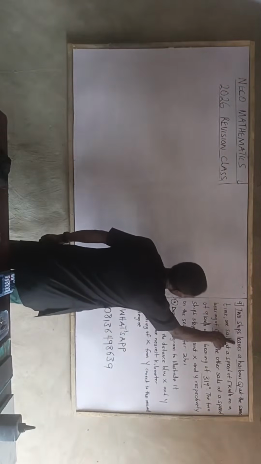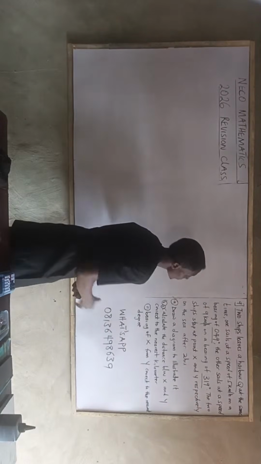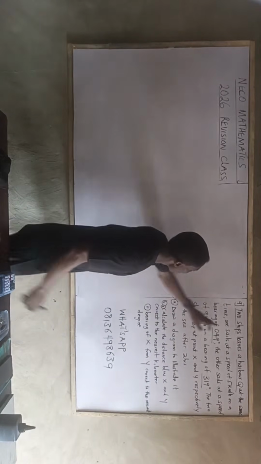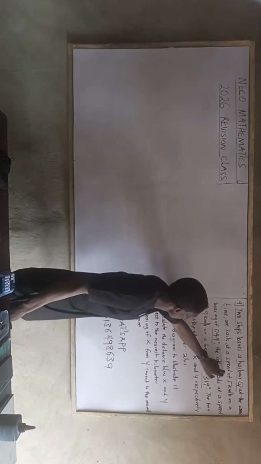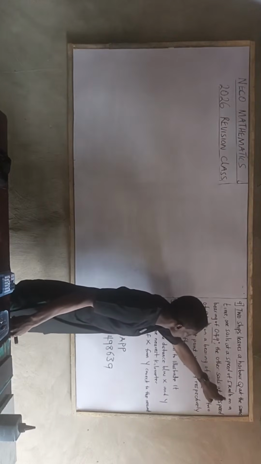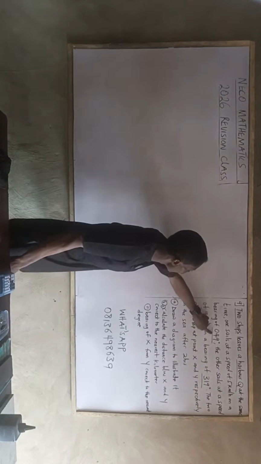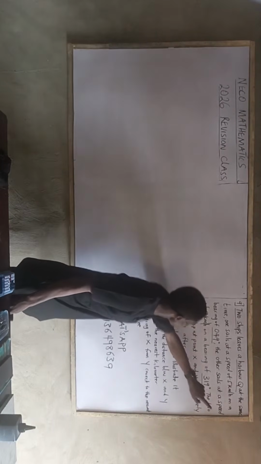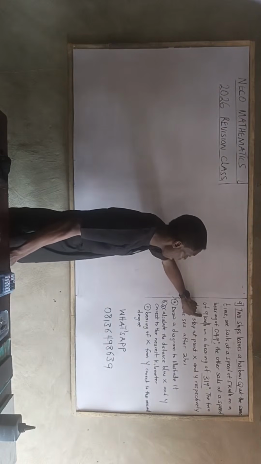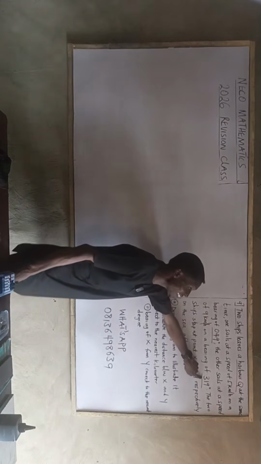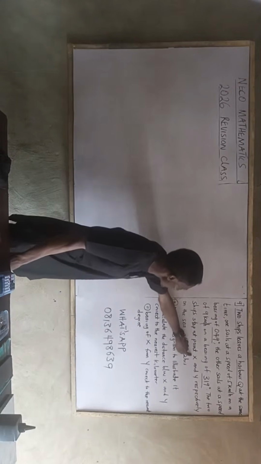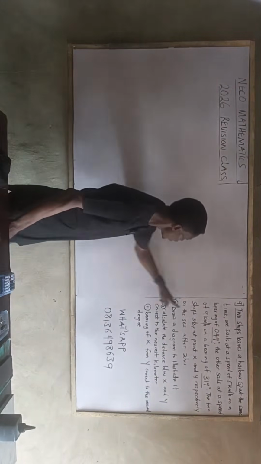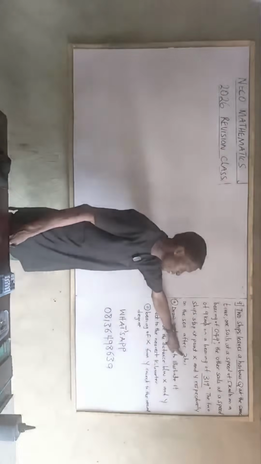Two ships leave a harbor Q at the same time. One sails at a speed of 5 kilometers per hour on a bearing of 049 degrees. The other sails at a speed of 9 kilometers per hour on a bearing of 319 degrees. The two ships stop at points X and Y respectively on the sea after 2 hours.